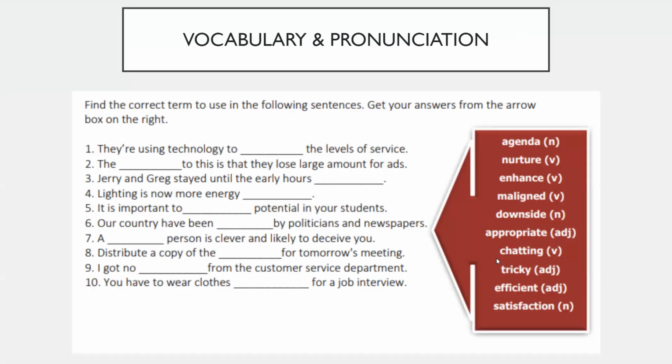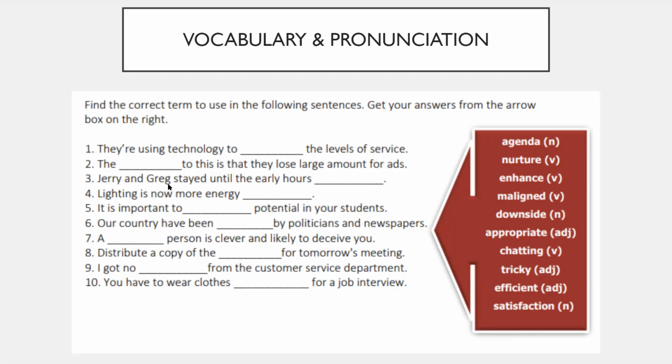Is it tricky? No. It should be a noun. Tricky is an adjective. The downside, yeah, disadvantage, yes. So the downside to this is that they lose large amount for ads. So this disadvantage, the bad thing, is that they lose large amount for ads or advertisement.